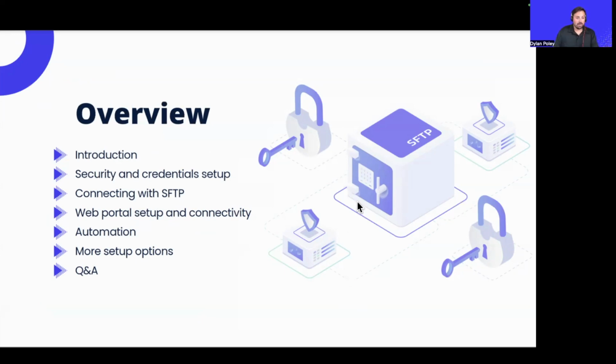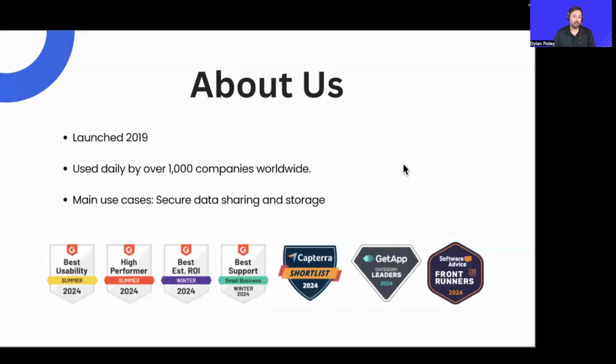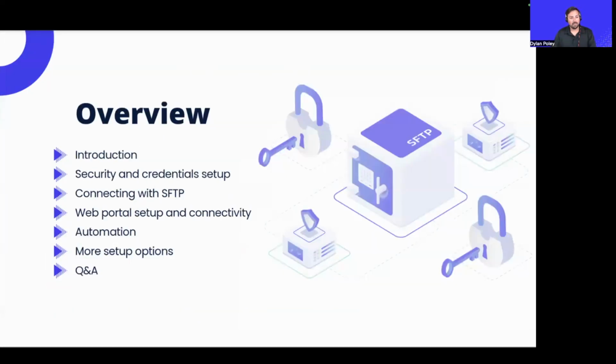What we're going to be covering today is a quick intro and overview of SFTP To Go. We're going to be covering the security and credentials setup, how to securely set up your credentials, and establishing a secure SFTP connection.